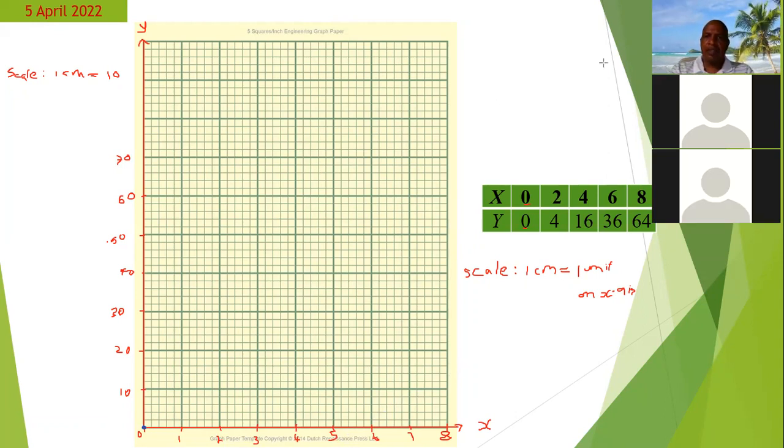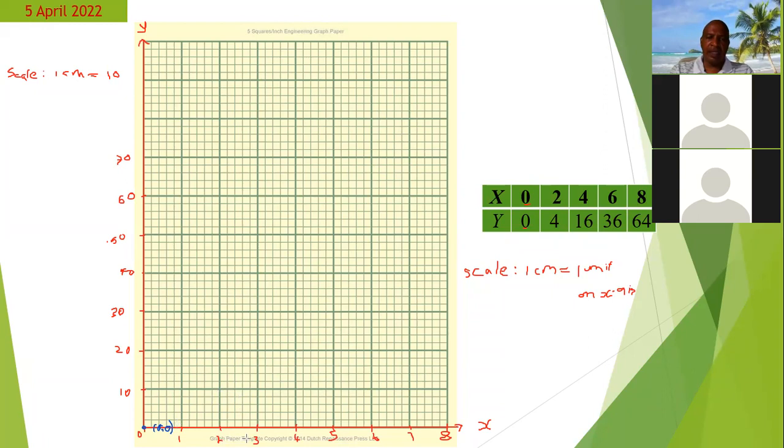Now, once you put your point, you need to label your coordinates. So this would be the point 0, 0. Now you need to plot the next point, which is x equal to 2 and y equal to 4.